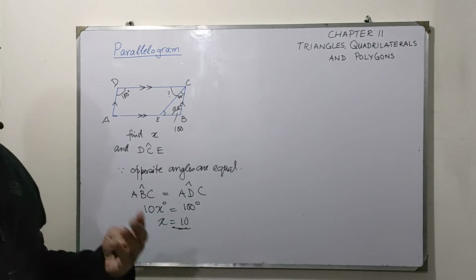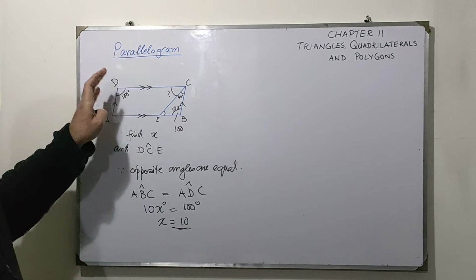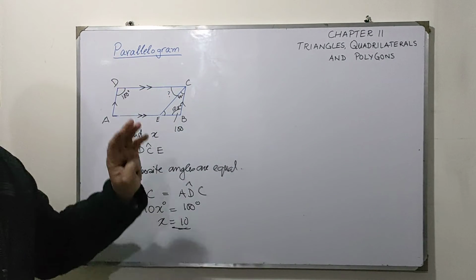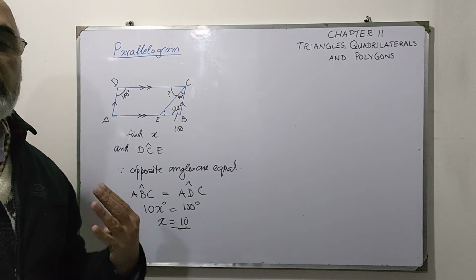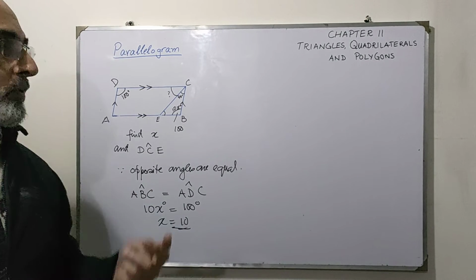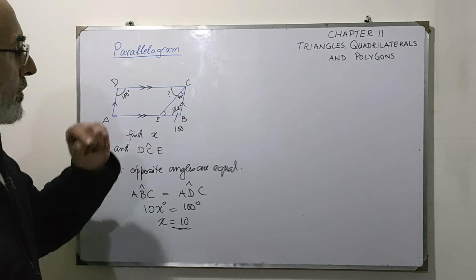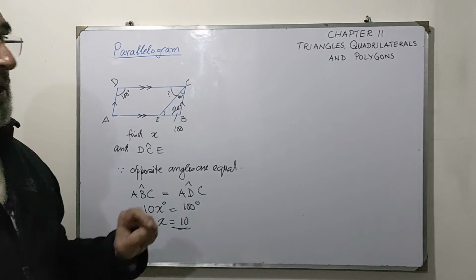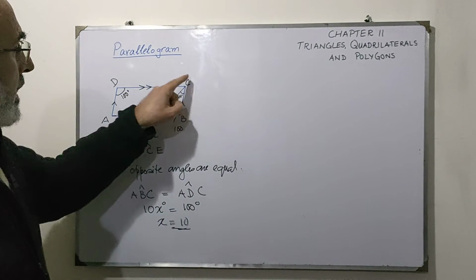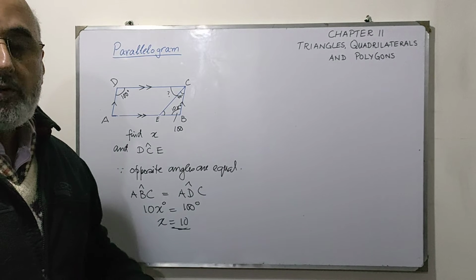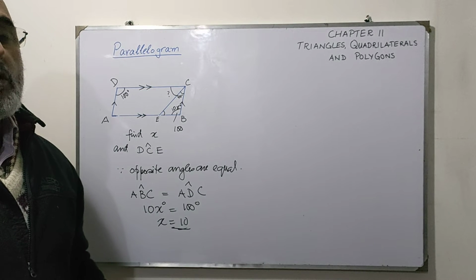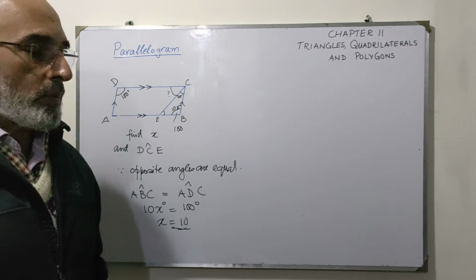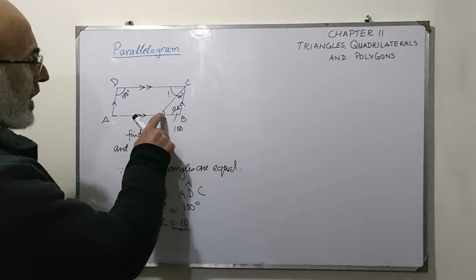If we remember that in case of parallel lines and a transversal, alternate opposite angles are equal, right? So this angle would be equal to this angle. So if we know angle BEC, then this angle DCE will be equal. So first thing is we have to find this angle.